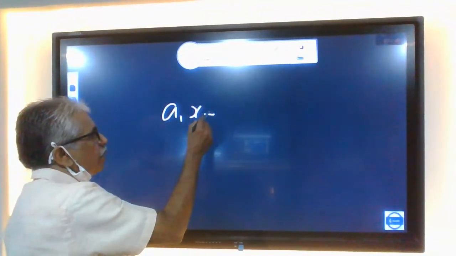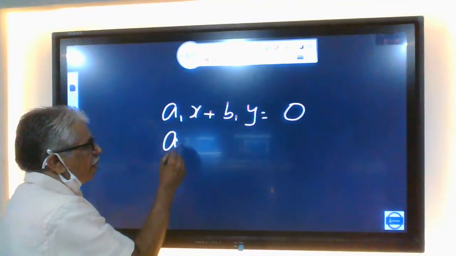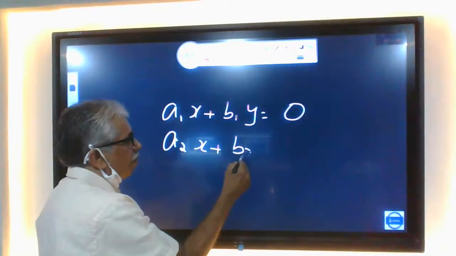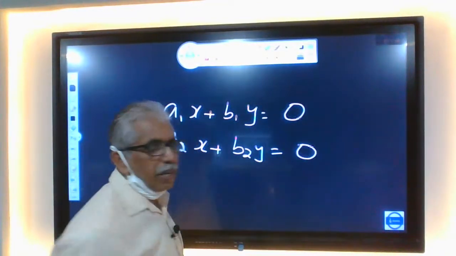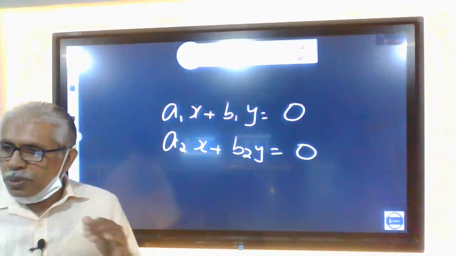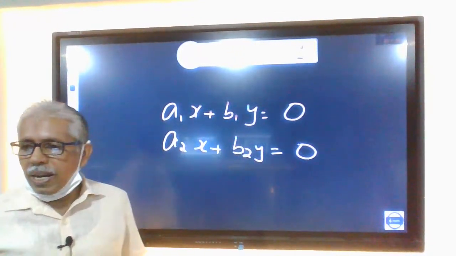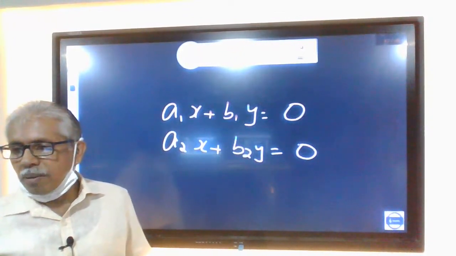A1x plus B1y equal to 0, and A2x plus B2y equal to 0. In these linear equations, because you don't have a constant term, each should represent a line passing through the origin.